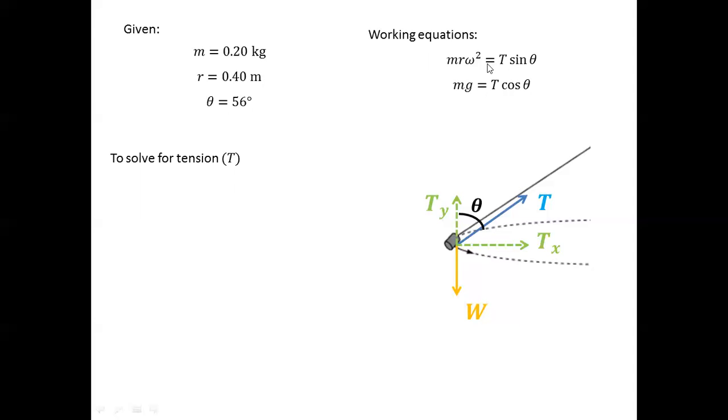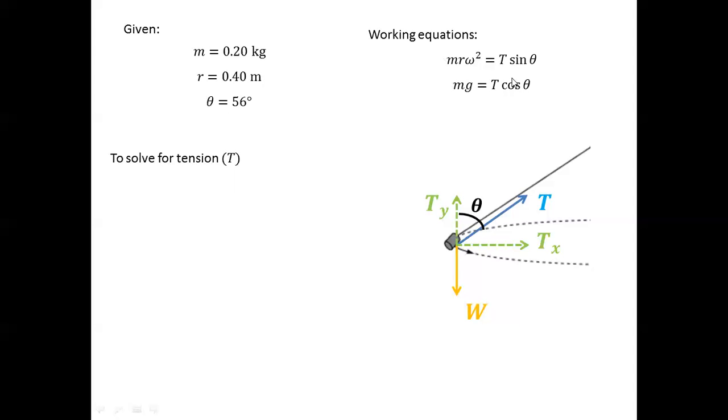We must make sure that only tension is the unknown in the equation. If you look at the first working equation, m is given, r is given, but omega is unknown. It's actually one of the quantities being asked. So in this equation, we have two unknowns, omega and tension. That means we cannot use this equation.